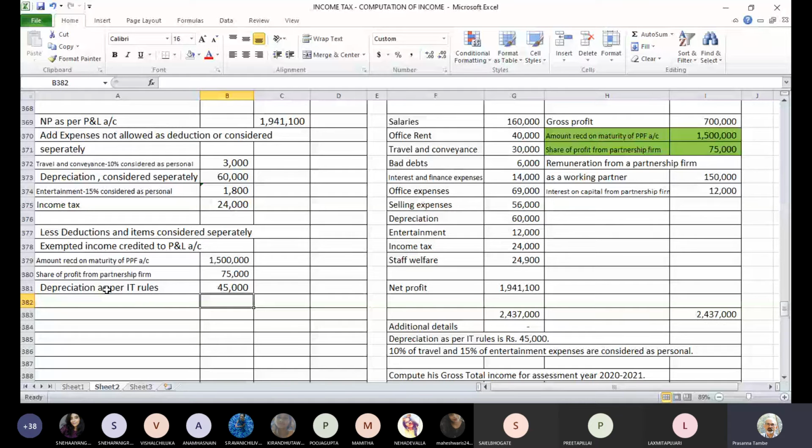Okay, that completes everything, correct? So we can now total up the things. These are the totals. So we have a subtotal now. This is the subtotal and these are the deductions.